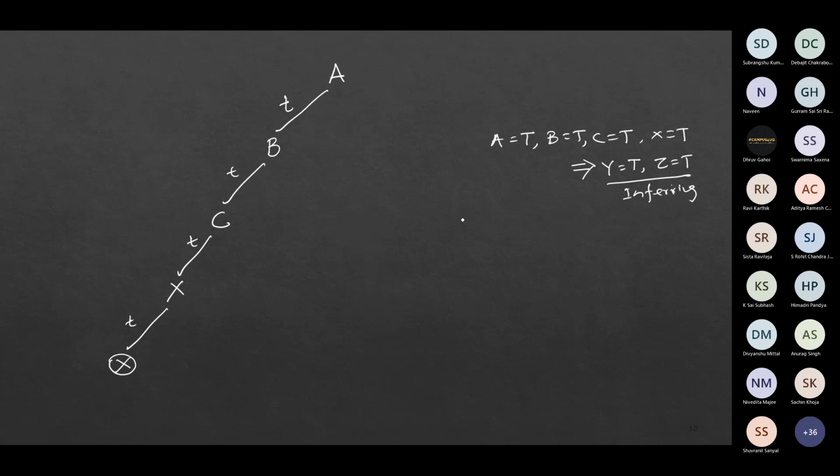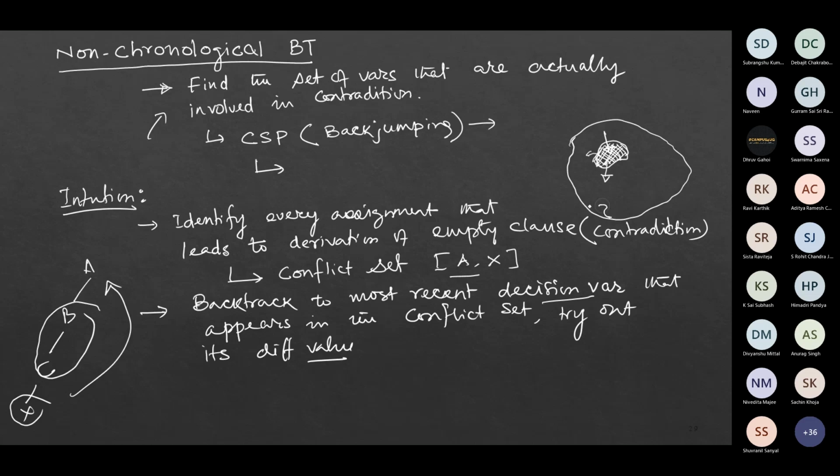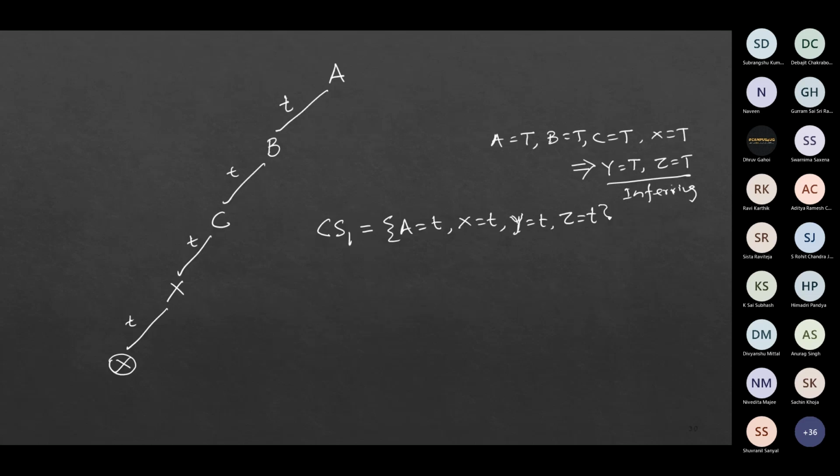Now, what is the conflict set we'll be getting here? The conflict set will contain A equal to true, X equal to true, Y equal to true, and Z equal to true. So this is the assignment for which we are getting our conflict, right?